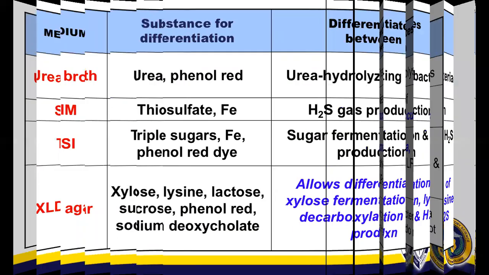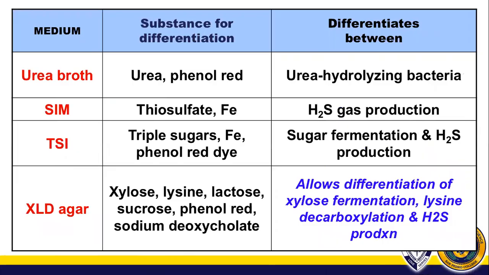Urea broth contains phenol red to differentiate those that are able to hydrolyze urea from those that are not. SIM contains thiosulfate and iron. It differentiates organisms that are able to produce hydrogen sulfide gas from those that do not.